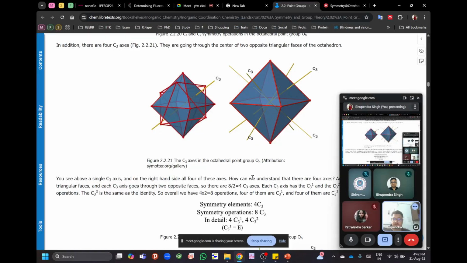See, how many C3 axes are you able to see? 4 C3 axes.